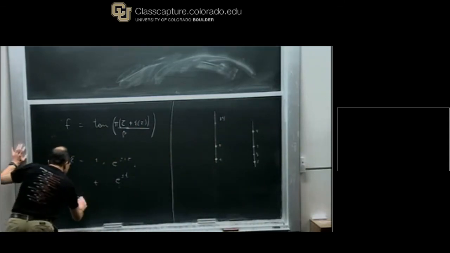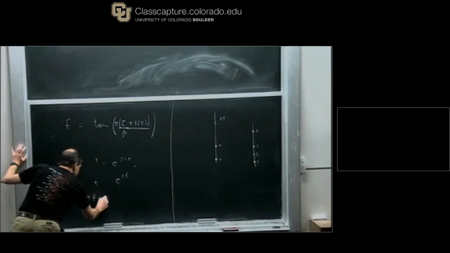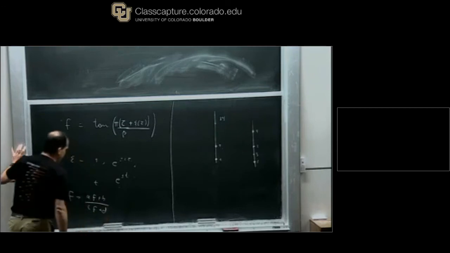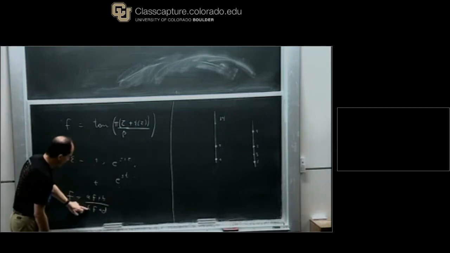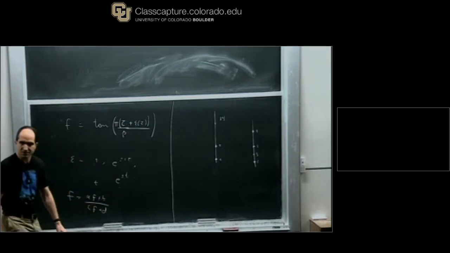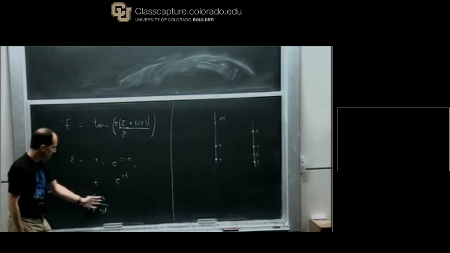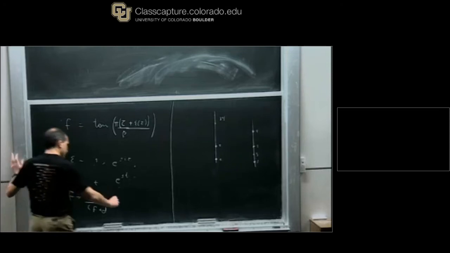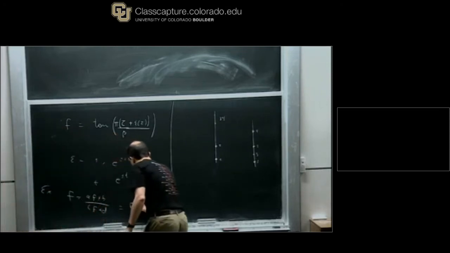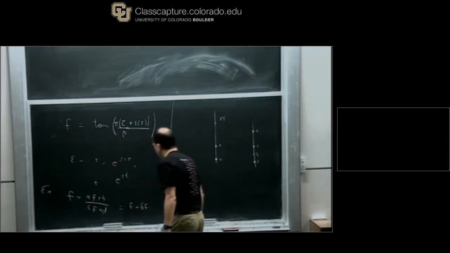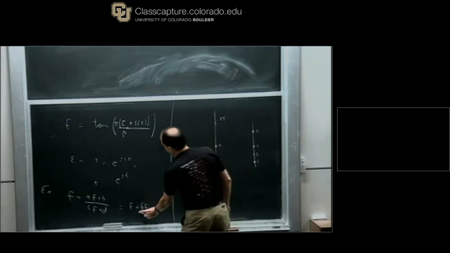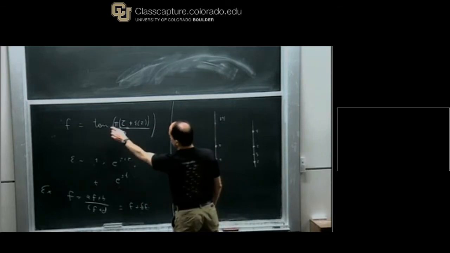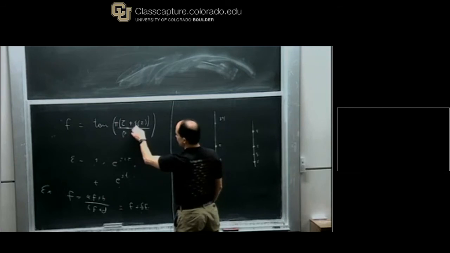Take f to af plus b over cf plus d, where b and c are very tiny and a and d are very close to 1. So you expand this, and this will give you the original f plus some delta f. And then you match this delta f with a similar delta f that you get by taking this expression and changing epsilon.